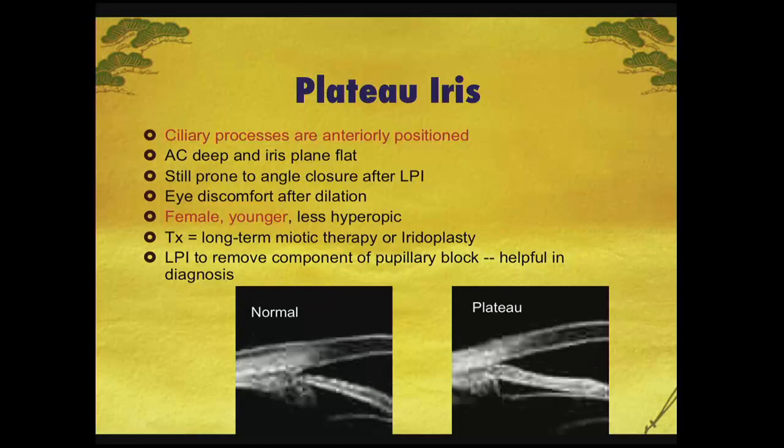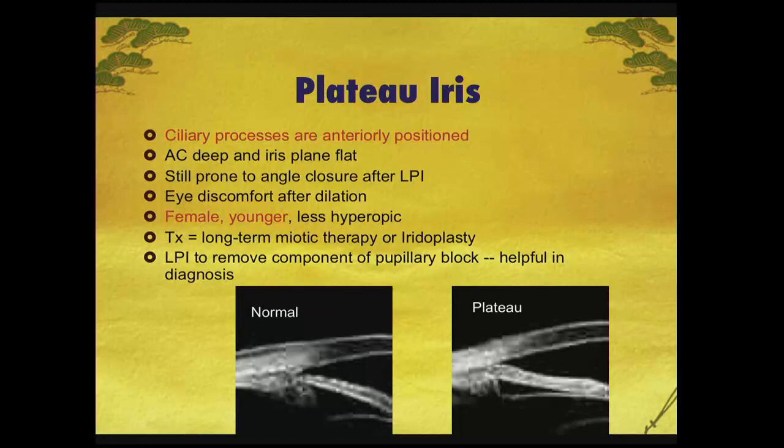Okay, plateau iris. This is a condition in which the ciliary processes are anteriorly positioned. So you can see on the UBM here, you see the normal, and on this slide, the ciliary processes are a little bit turned in, and you have this plateau configuration of the iris. The AC is typically deep, and the iris plane is flat, whereas in primary angle closure that leads to pupillary block, the iris is actually going to be vaulted upwards.